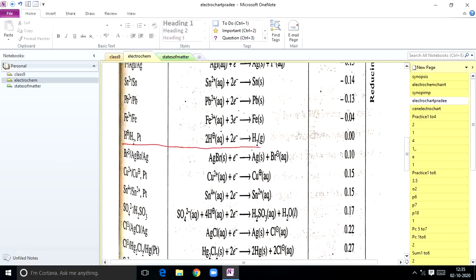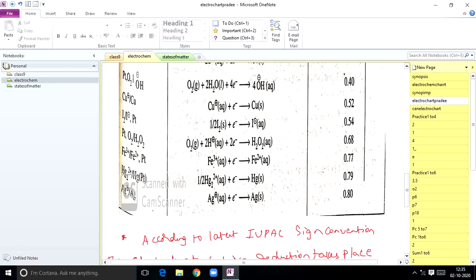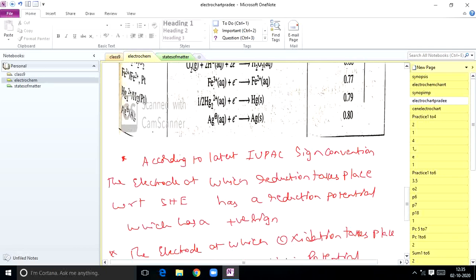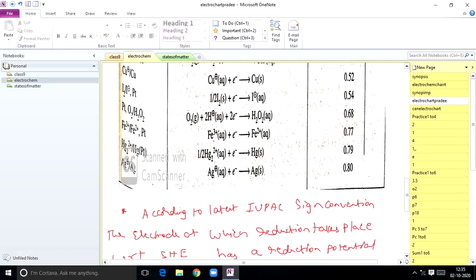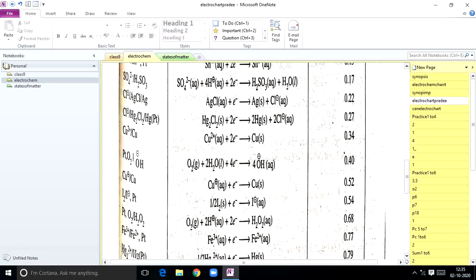What is the standard reduction potential value of hydrogen? That is 0. Already you know this: for SHE, the standard reduction potential value of hydrogen is taken as 0. And if you move down the group, slowly the reduction potential values increase. So from this, what can we say? Reduction potential values slowly increase down the group.